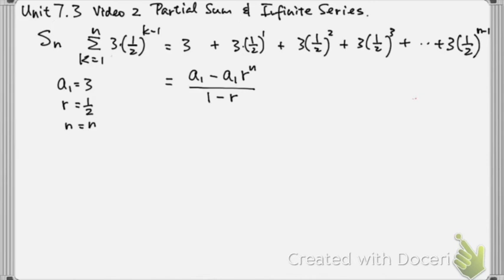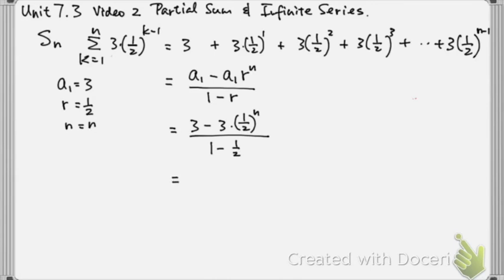So let's plug those in. What I have then is 3 minus 3 times r, which is 1/2 raised to the power of n, divided by 1 minus 1/2. Let's simplify this again.